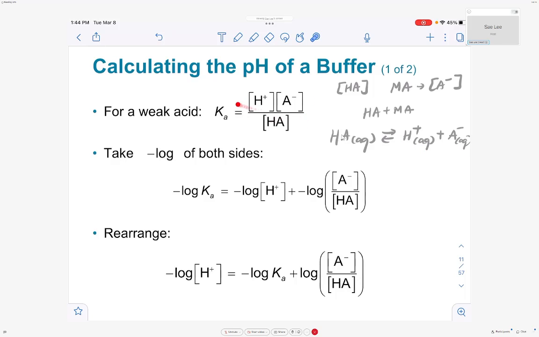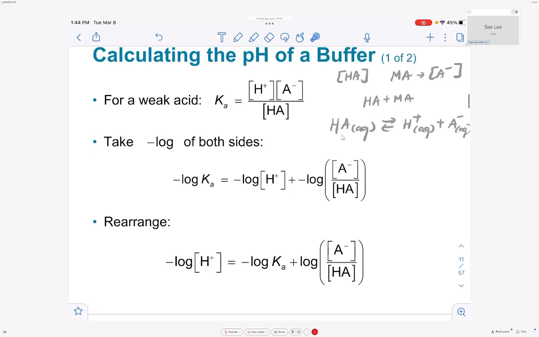So proton concentration times conjugate base concentration divided by initial acid concentration. Since we know that negative log of proton is pH, if we take log on both sides, we are going to be able to find pH.